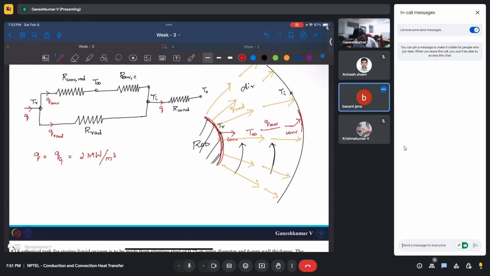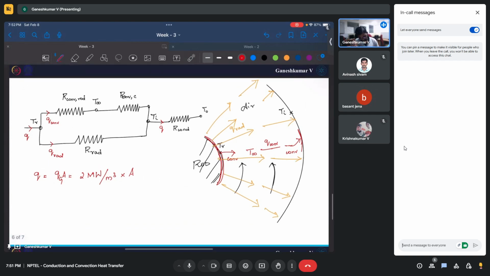I think you have to multiply it with area. For this the area would be 2 pi r L? But this is for Q generation, right? So what is generating the heat?